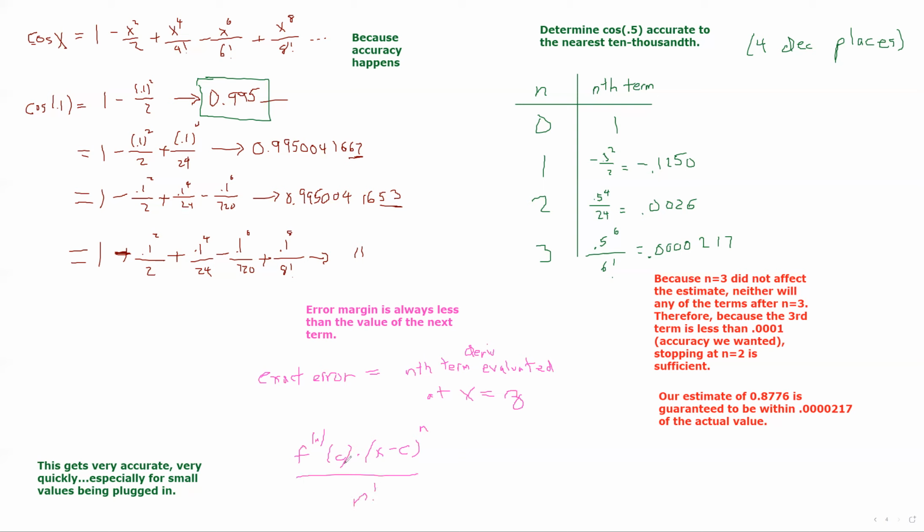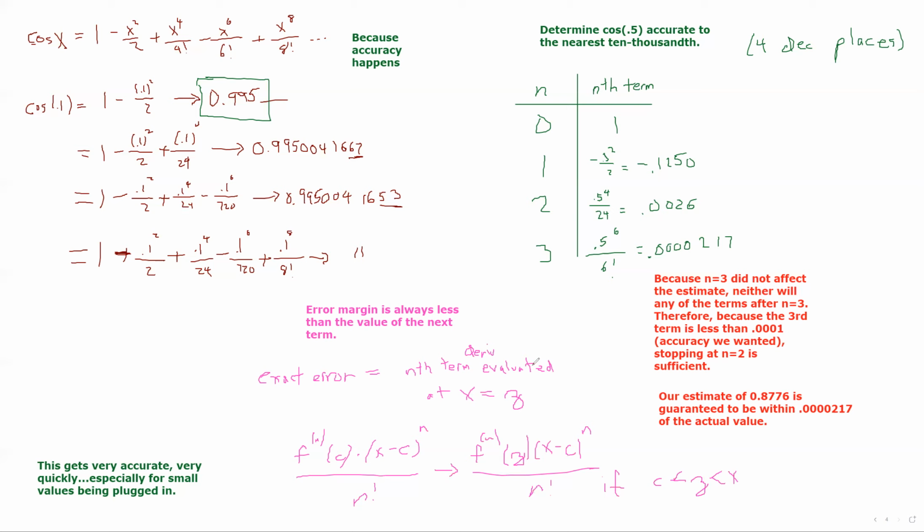Turns out that it will be exactly equal to this for this zeta thing. If we keep everything else the same, if zeta is between c and the x value we're interested in.